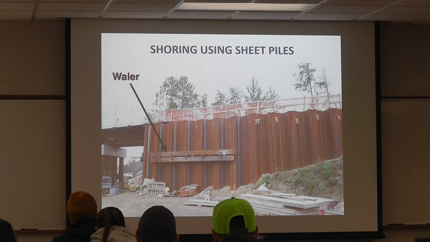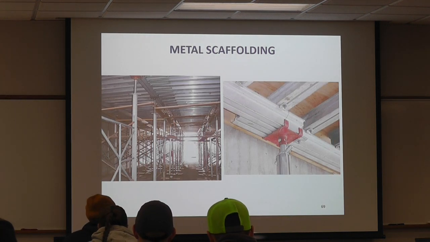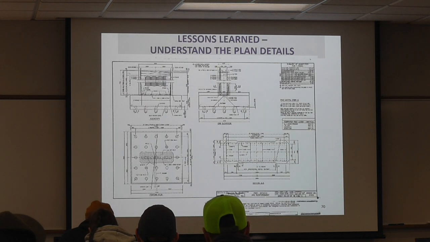I'm not sure why they would need it, but then you come and build the other half. So metal scaffolding, these shoring towers, are proprietary, so each one would say each leg can withstand X kips or something.